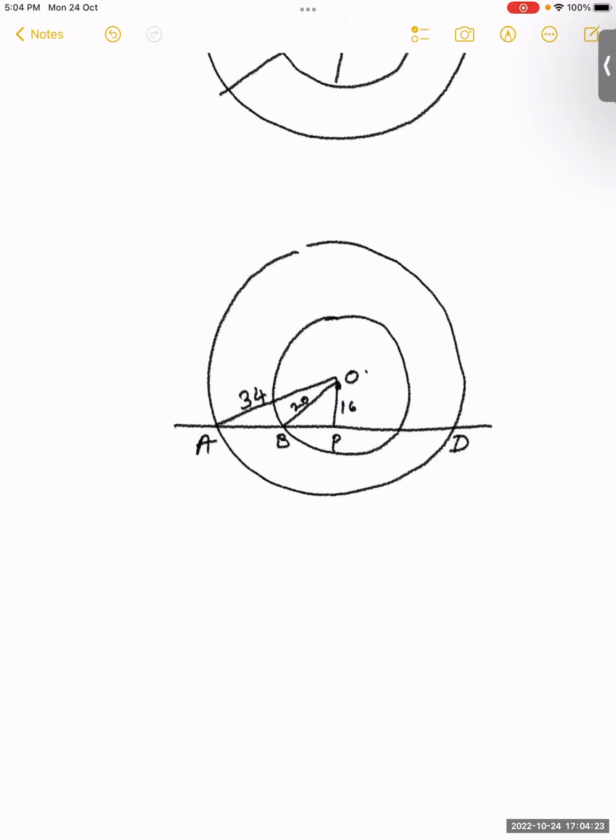Find the length of AB. Can you calculate the length of AB? Understood the question clearly?